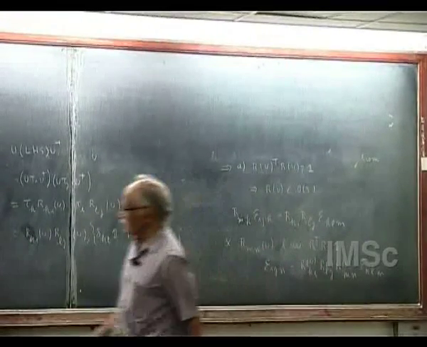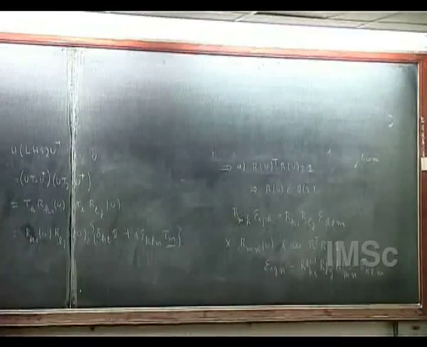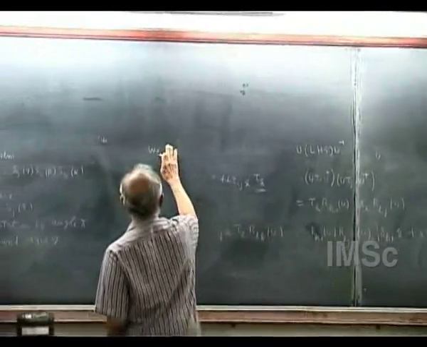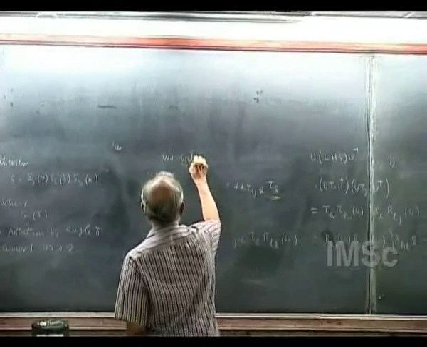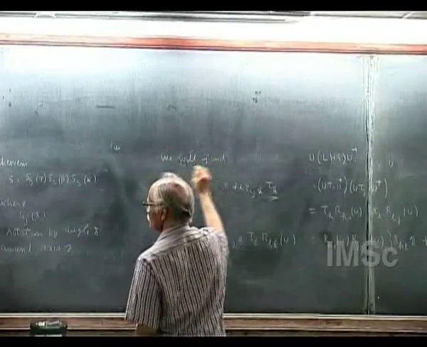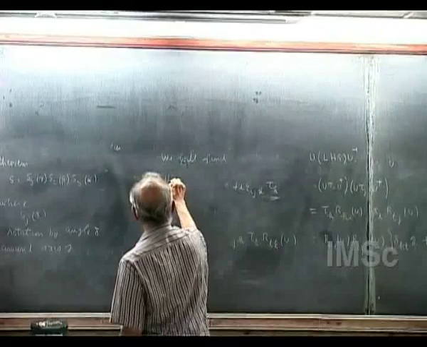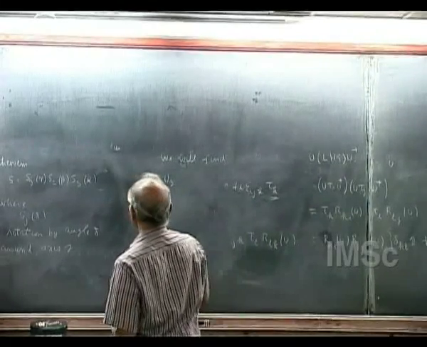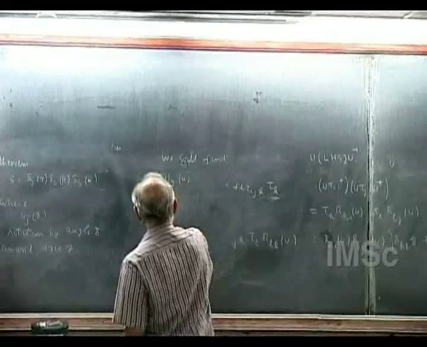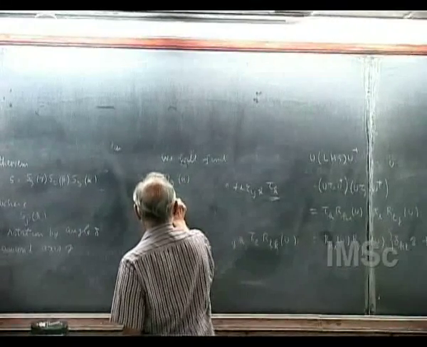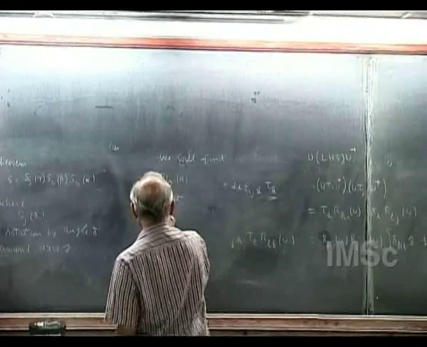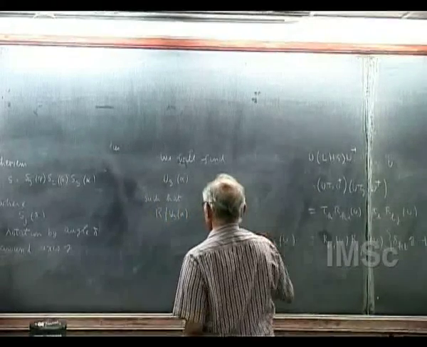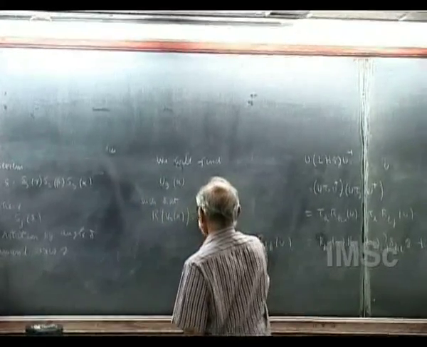Okay? So what I will do is, okay, we will find U3 of, in this case, what is the angle here, of alpha, such that R of U3 alpha is S3 alpha.